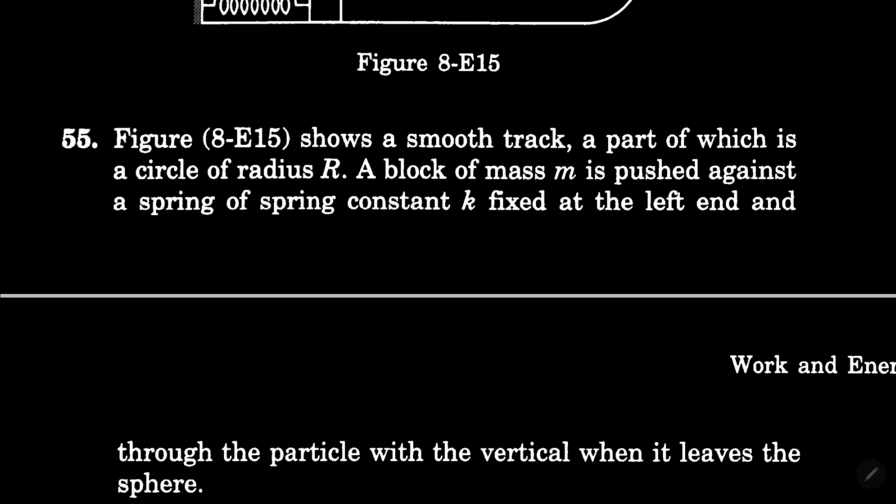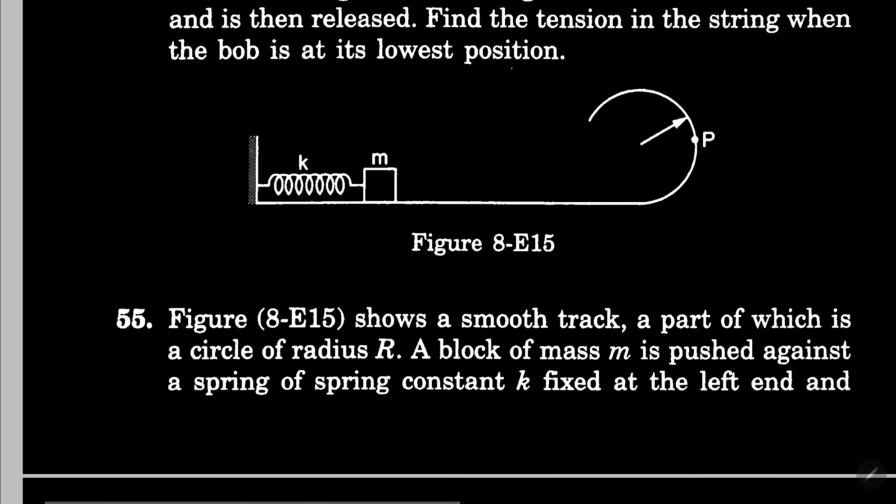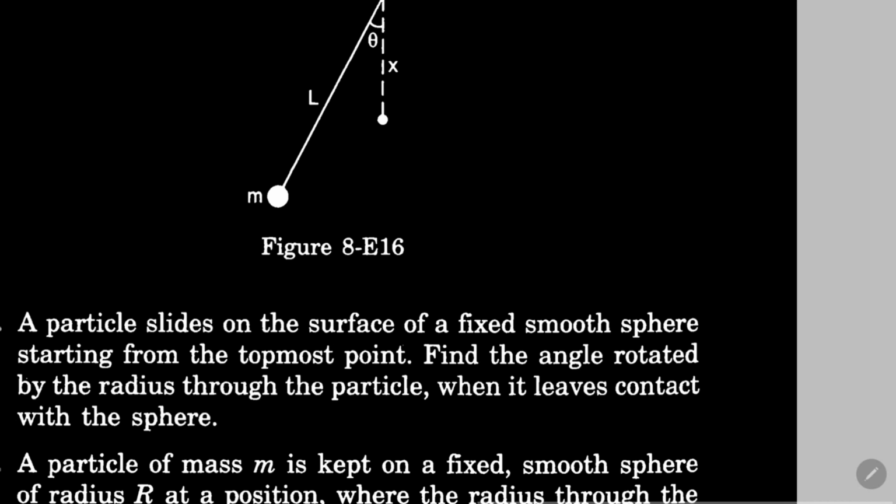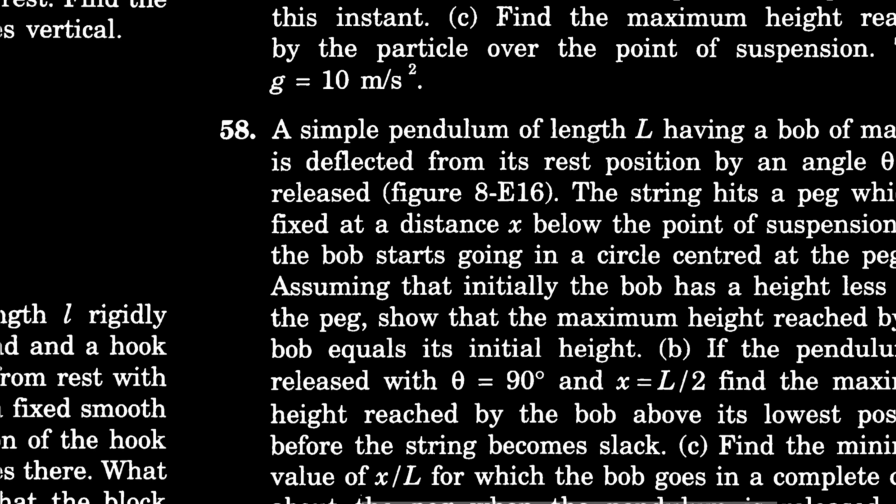In question 55 we have this figure. In this figure there is a smooth track. Now we need to find the initial compression of the spring so that the block presses the track with force mg when it reaches the point P. This is 55.